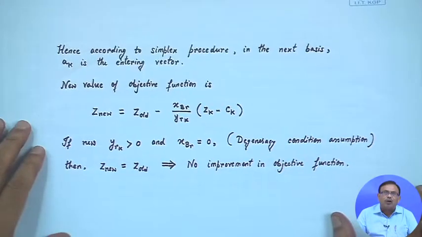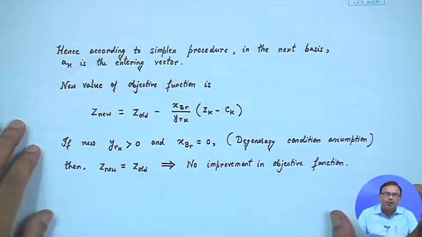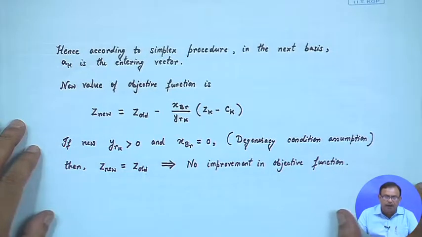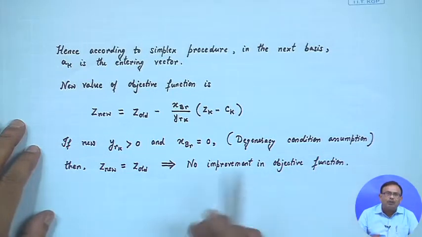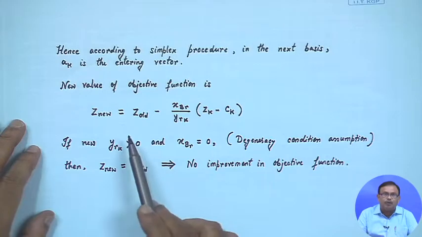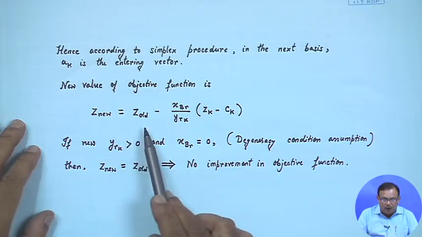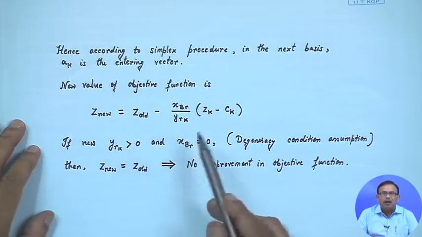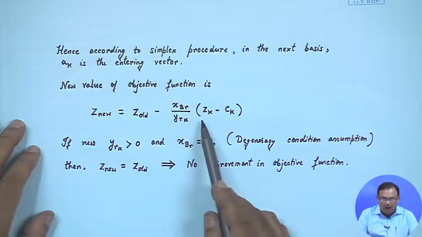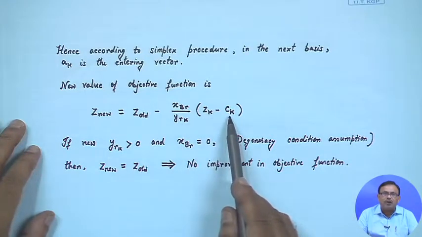Hence, according to simplex procedure, in the next basis ak is the entering vector. Now, the value of the objective function will be which one? Z new equals Z old minus xBr by yrk into zk minus ck.